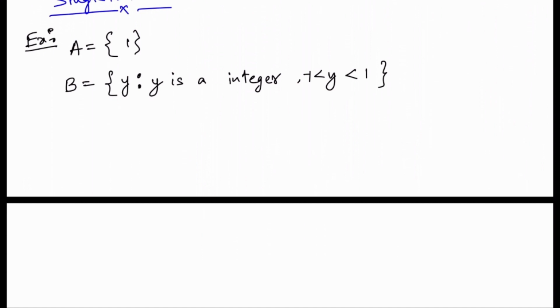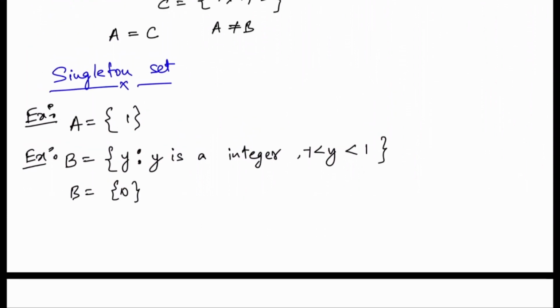The property given is that the element of B is an integer, and y is less than 1 and greater than or equal to minus 1. The only possible integer which is less than 1 and greater than or equal to minus 1 is 0. This is again a good example of a singleton set. In this way, we can identify a singleton set.